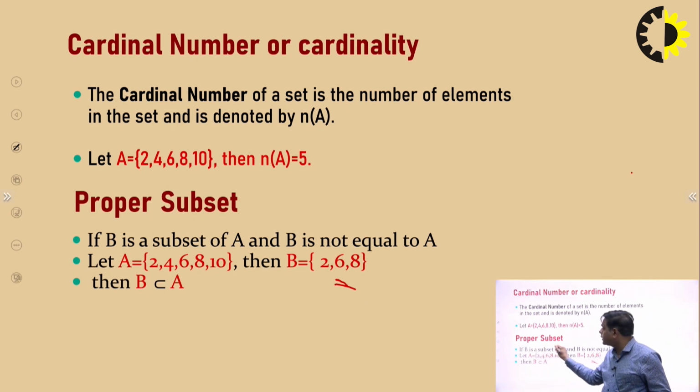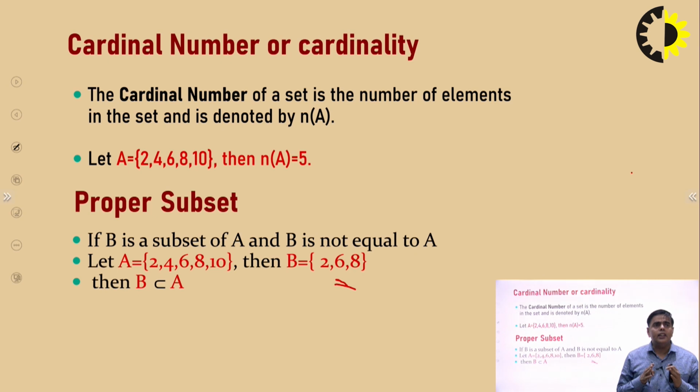Now the proper subset. I have already told you the definition of subset. There is a very little difference between proper subset and subset. If B is a subset of A and B is not equal to A, these two sets cannot be equal, then in such a case we can say B is a proper subset of A. That means the case where the two sets are equal cannot be possible.